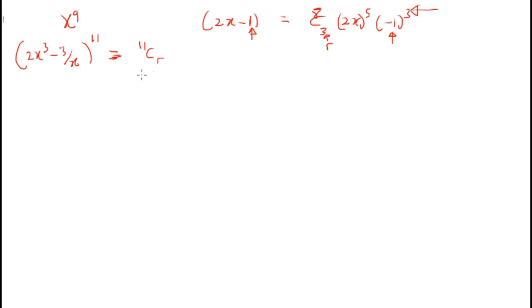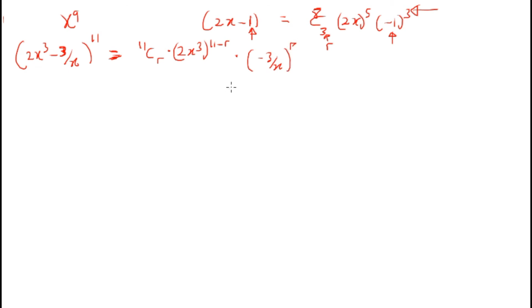But right now, because we have x on both sides, we'll need extra work to be able to determine the value of r. So let's leave it as r for now, and then we have 2x cubed raised to power 11 minus r, then multiplied by minus 3 upon x raised to power r.